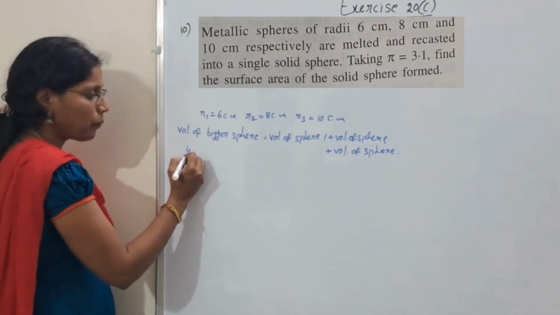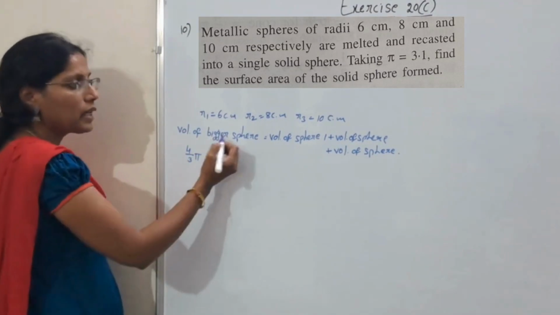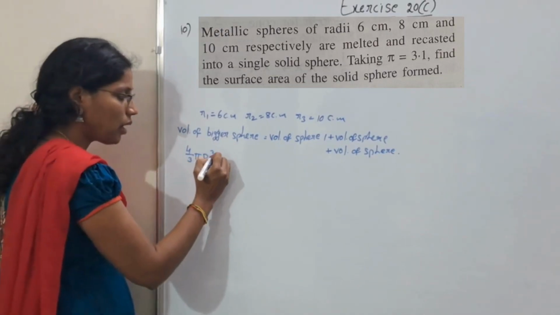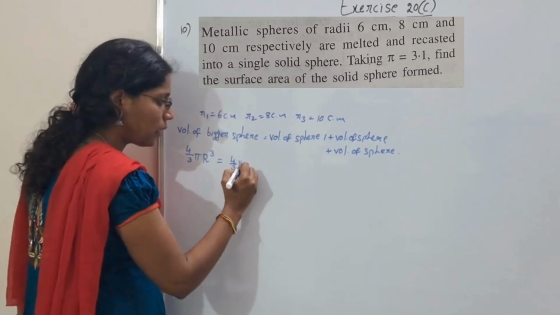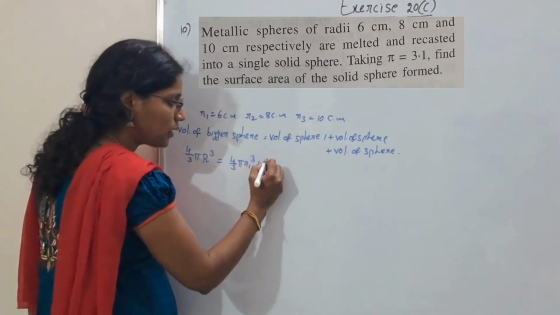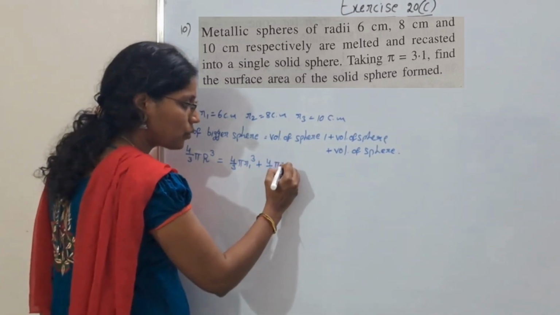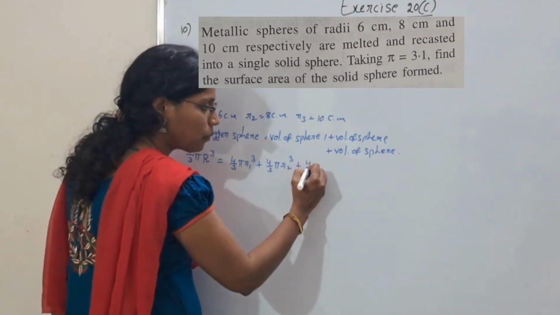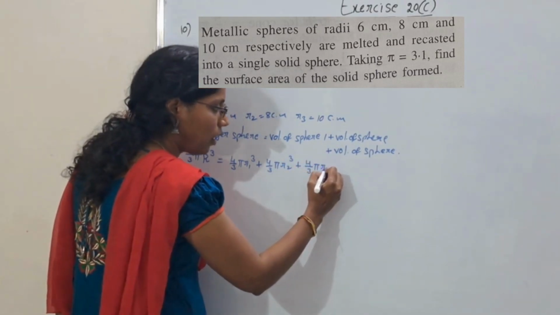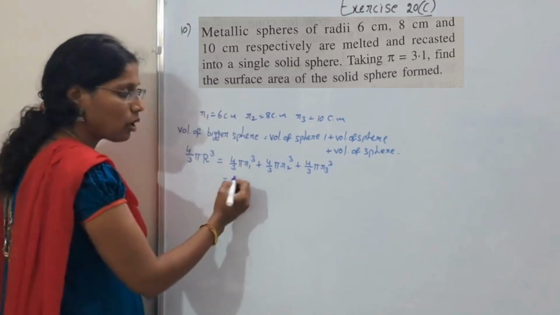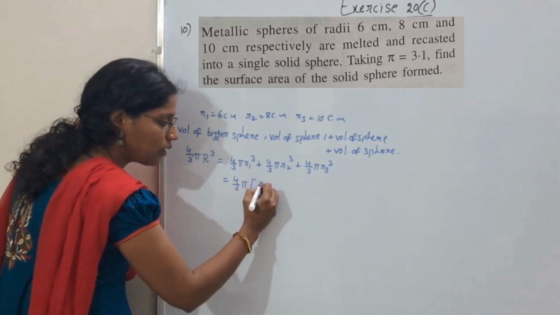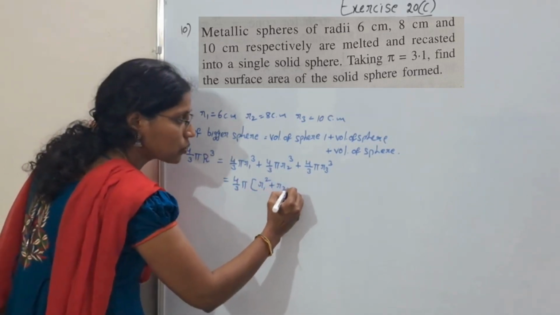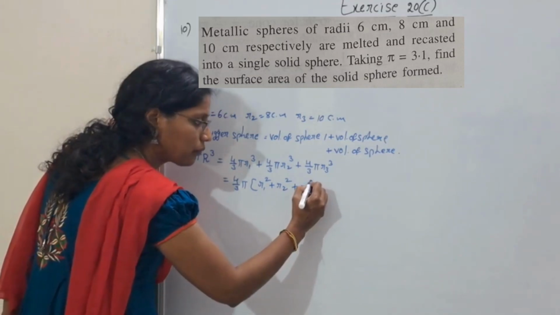Here 4 by 3 pi capital R cube, the bigger sphere radius, equals 4 by 3 pi R1 cube plus 4 by 3 pi R2 cube plus 4 by 3 pi R3 cube. What is common on the RHS? 4 by 3 pi is common. Remaining R1 cube plus R2 cube plus R3 cube.